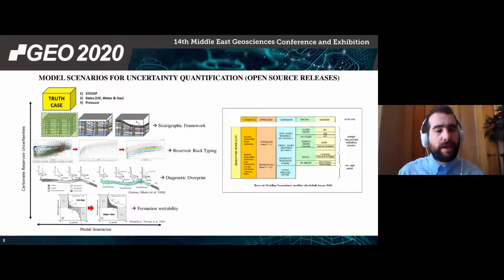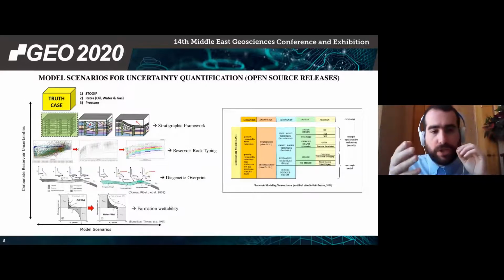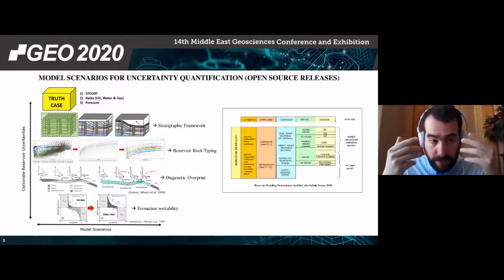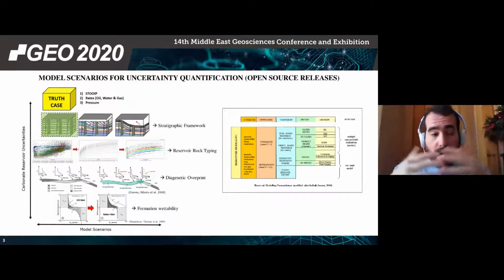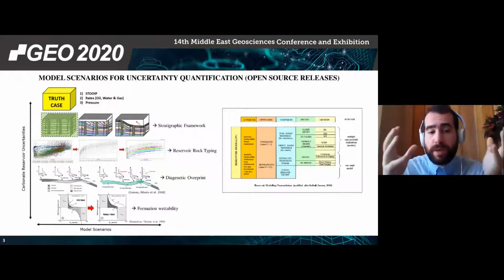And then from there, in a y-axis and the x-axis, the y is carbonate reservoir uncertainties, and then the x is modeling scenarios. We'll start in a hierarchical order of rebuilding with the same data set, multiple geological versions of interpretational uncertainties and modeling uncertainties, starting off with the stratigraphic framework, and then the reservoir rock typing techniques, the diagenetic overprints, and then the formation wettability, amongst many other things.